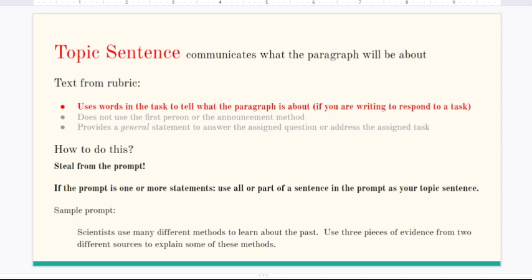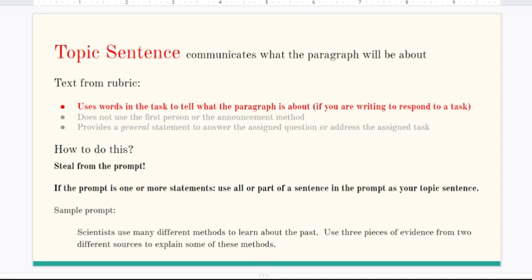So I wouldn't include that as part of my paragraph, but the first sentence in the prompt perfectly states what I am going to be writing about. So I am going to just use that as my topic sentence. I didn't even have to write it. I just have to recognize it, which is sometimes even more challenging than writing it.